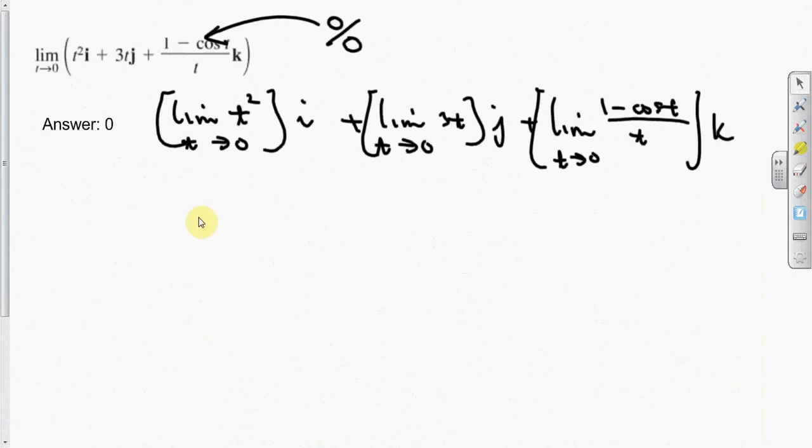So for that first part, we get 0 i plus, directly, we get 0 j.